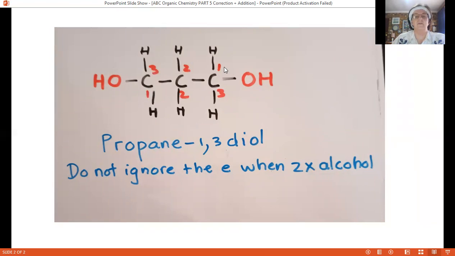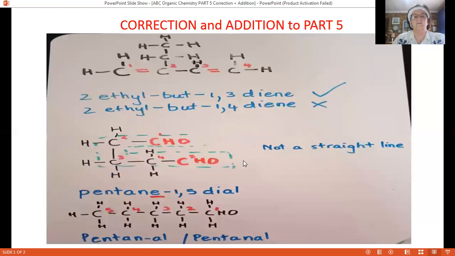Whichever way, from the right to the left or from the left to the right, the numbering would have been the same. So remember, the suffix of the alcohol is ol, and the suffix of the aldehyde, CHO, is al.